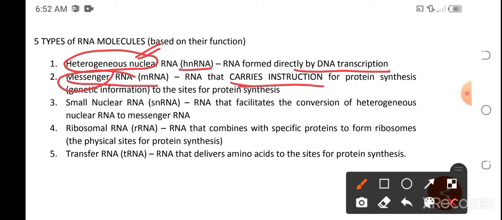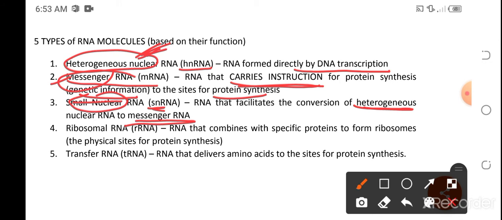So it carries an instruction for protein synthesis, and that instruction is eventually the genetic information that is required for protein synthesis. Now we have small nuclear RNA or snRNA, which facilitates the conversion of this hnRNA into an mRNA.